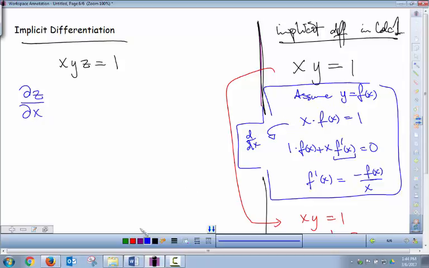So in our assumption back then, we made the assumption that y is a function of x. In this case, we have to make the assumption that z is a function of x and y. And so when you take derivatives, you're taking partials.